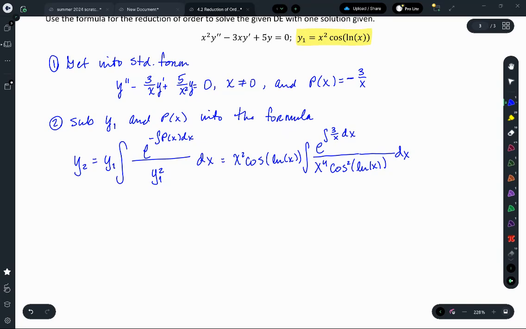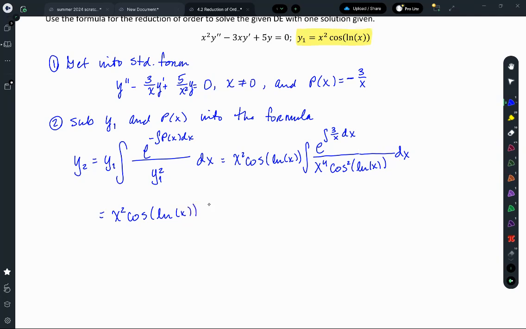Okay, so we got to first take the integral in the numerator, and that becomes, we've got the x squared cosine of ln of x times the integral. The antiderivative of 3 over x is 3 ln of the absolute value of x. So we get e to the 3 ln of the absolute value of x over x to the 4th cosine squared of ln of x dx.